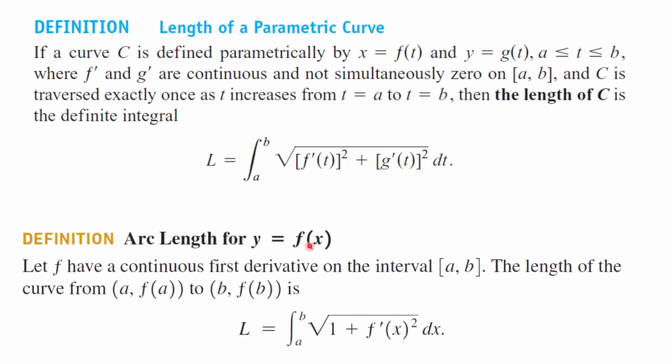And if y is a function of x, then L is the definite integral from a to b of the square root of 1 plus f prime of x squared dx. Remember that if x is a function of y, it means that x is g of y. You basically change this to g prime of y and dy. Don't forget to change these boundaries as well.